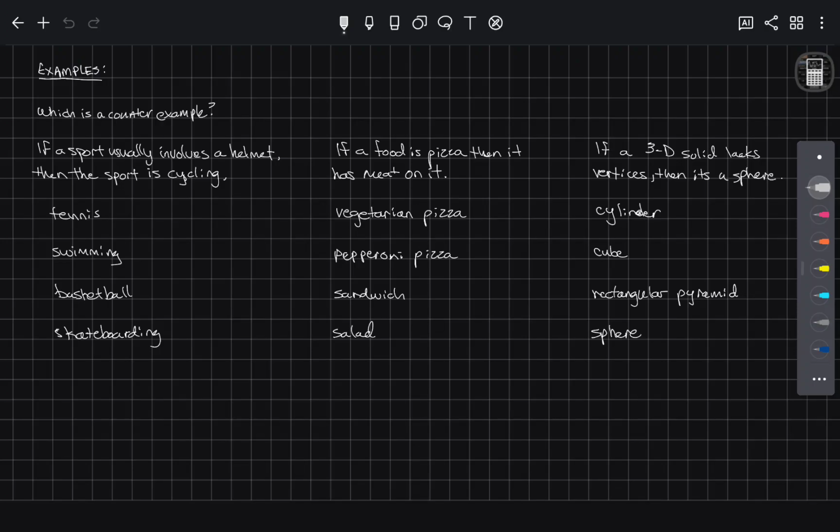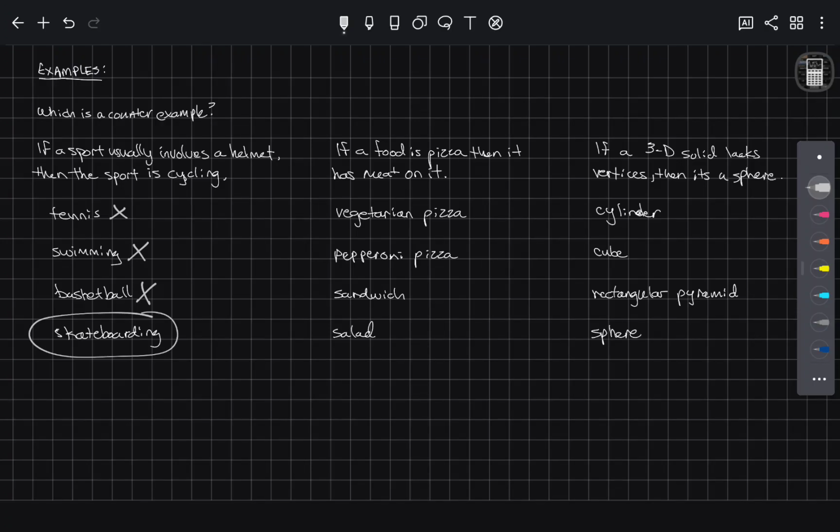Yeah, I can think of a couple. So tennis, no, you don't wear a helmet for tennis. Swimming, no, you don't wear a helmet for swimming. Basketball, no, you don't. Skateboarding, yes. The professional sport of skateboarding would be something that is not cycling that you wear a helmet for. That would be a counterexample to say that statement's not completely true.